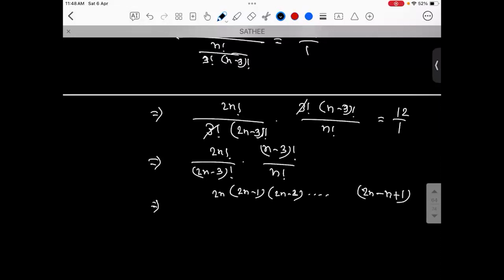And there it will be like 2n minus 3, 2n minus 4 and so on, and it will work up to n minus 3. So the same terms will work up to this.